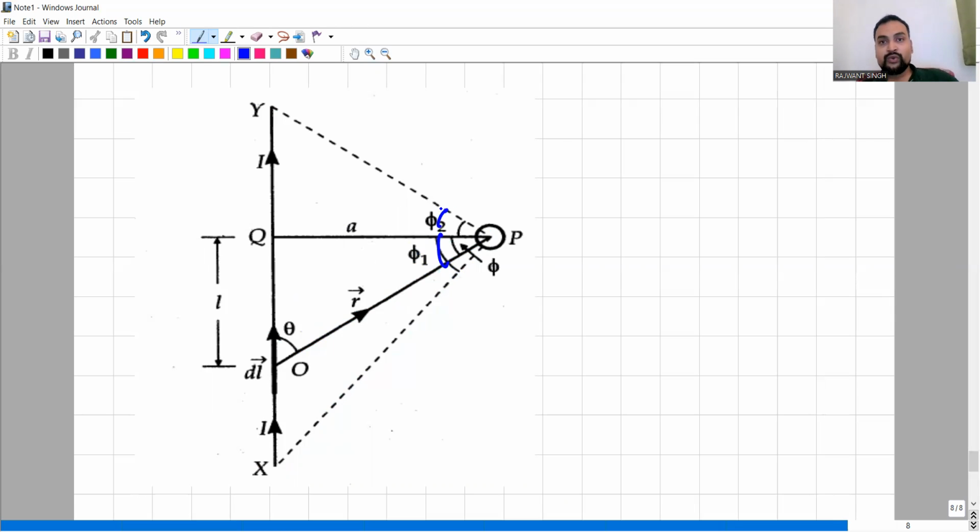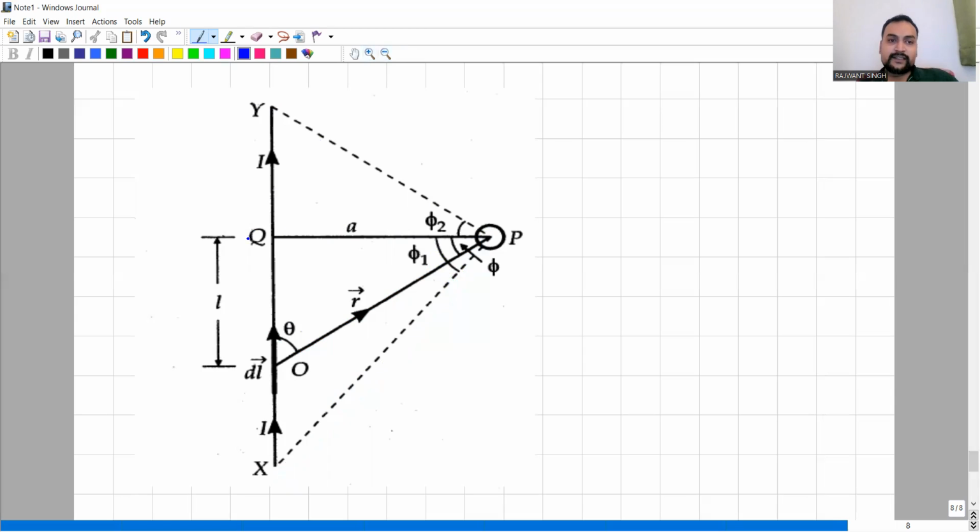If you use a wrong notation, later on you will get confused. So phi 1 and phi 2 are the angles that the lines from the ends make with the perpendicular line.